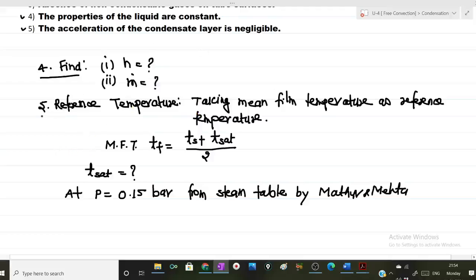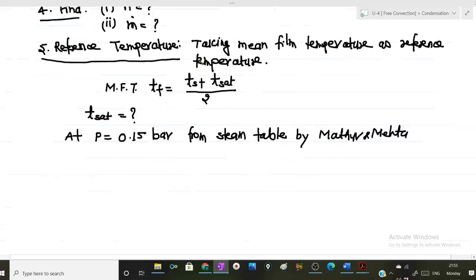Step number 5 is to identify the reference temperature. So like convection, in case of condensation as well, mean film temperature is considered as the reference temperature. So mean film temperature can be calculated as Tf is equal to Ts plus Tsat divided by 2. But in this problem, I don't know the value of Tsat.